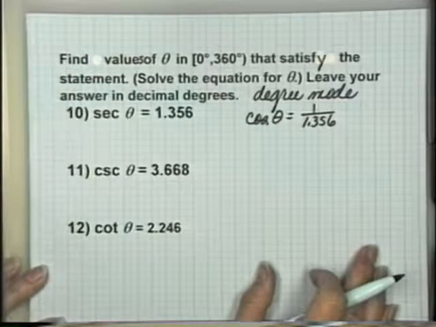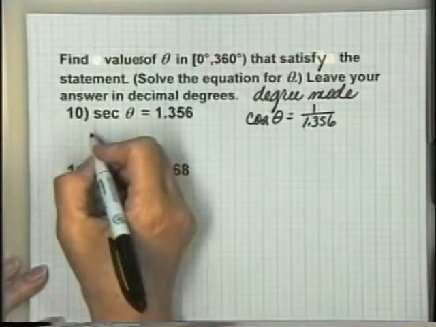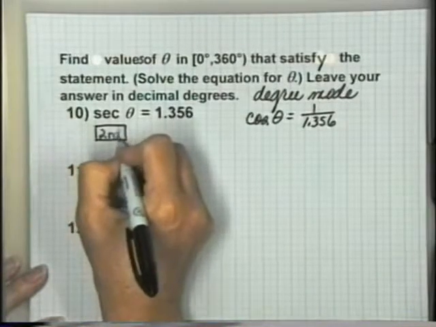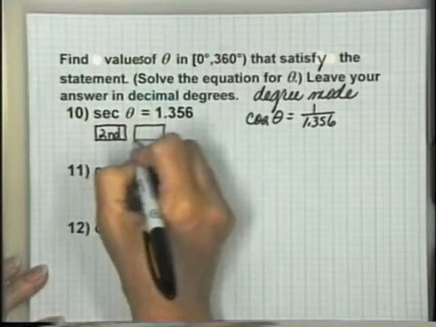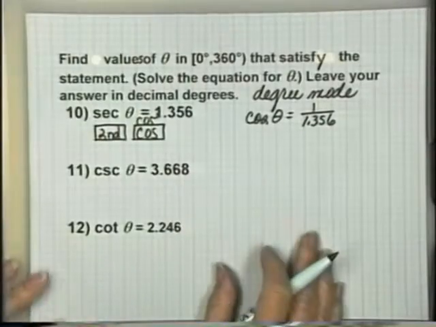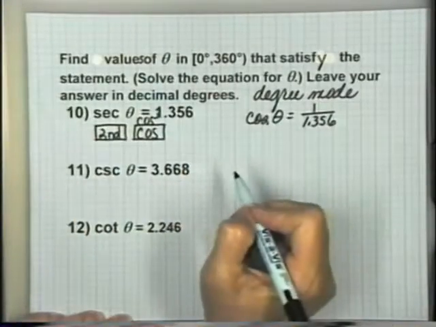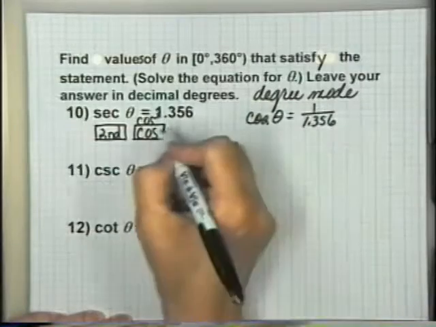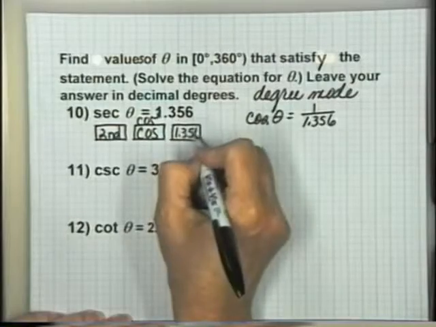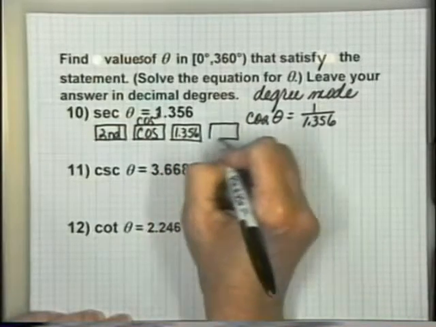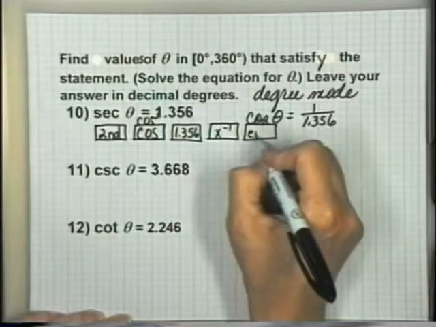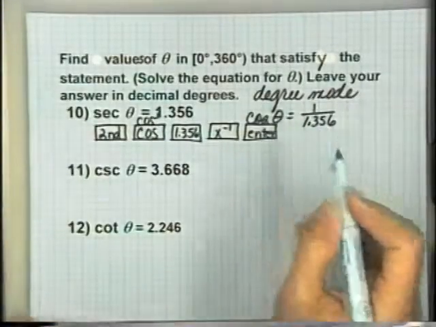So using our graphing calculator, we'll go second function, cosine, which of course is the inverse cosine function because we use the second function button first. And then to get the reciprocal of this quantity, we'll push 1.356, and then we'll push our reciprocal button, and then of course we'll push the enter button.